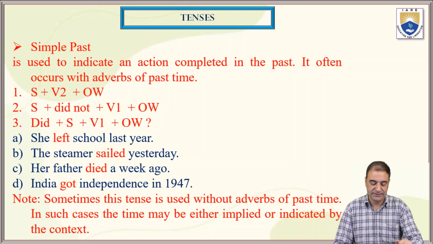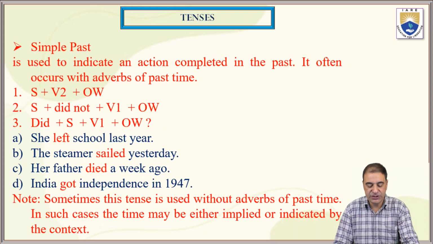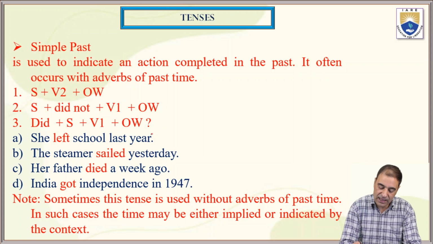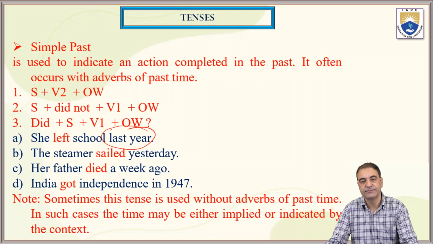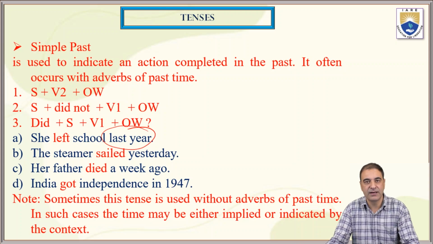Now look at these sentences. Our first sentence is, she left school last year. And this last year is an indicator. It's an adverb of past time.